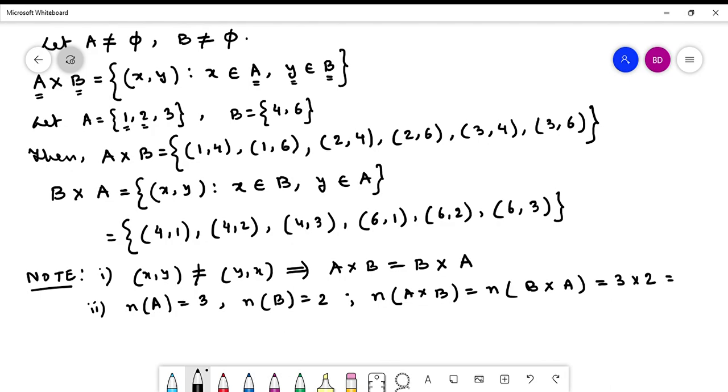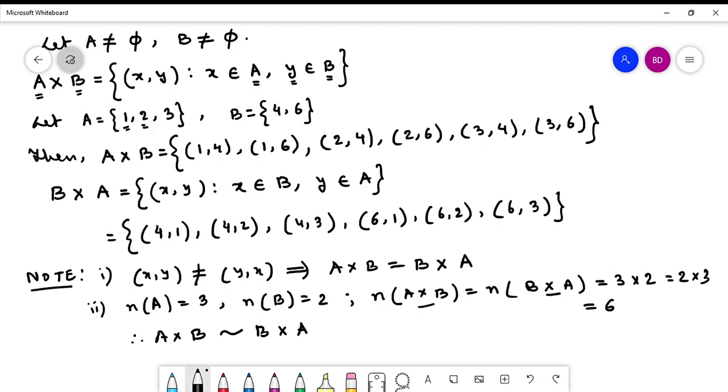Same here, 2 into 3 equal to 6. Since multiplication of real numbers is commutative, so number of elements in A cross B and B cross A will be same. That is, these two sets are equivalent. Therefore, A cross B and B cross A, they are equivalent.